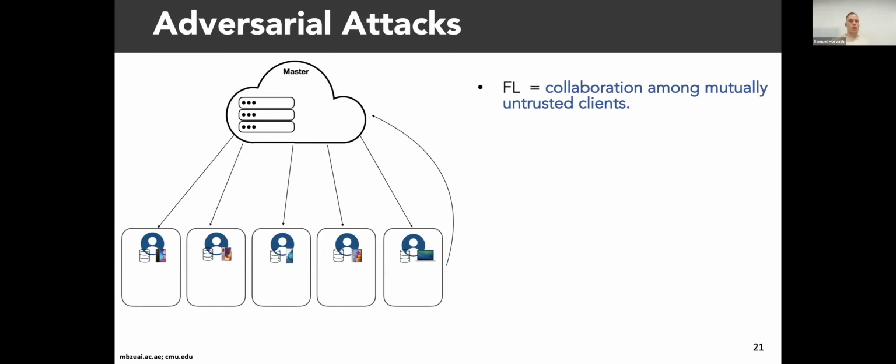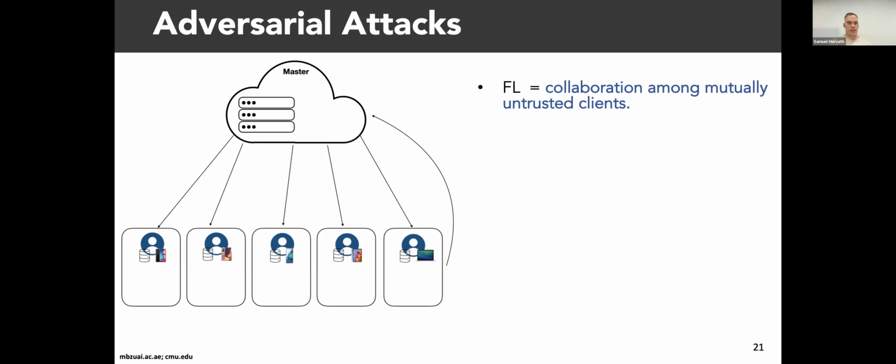Next, one of the key features that makes federated learning highly attractive in practice is that it allows training models in collaboration among mutually untrusted clients. So we can gather data from different clients across the world.